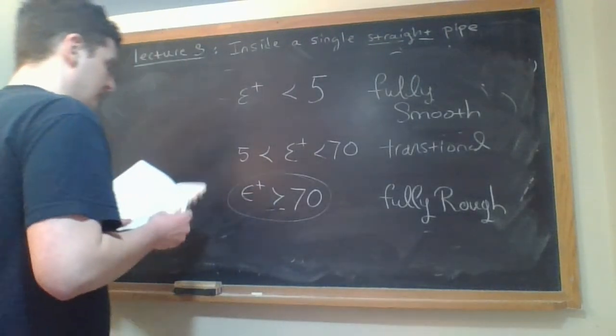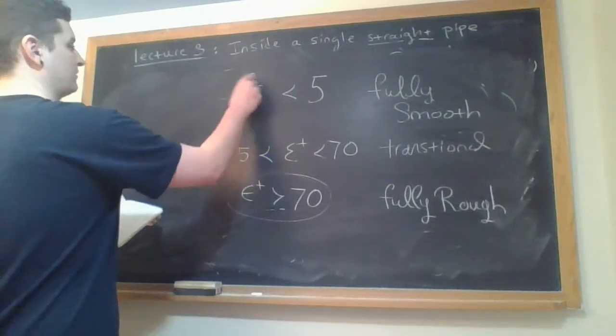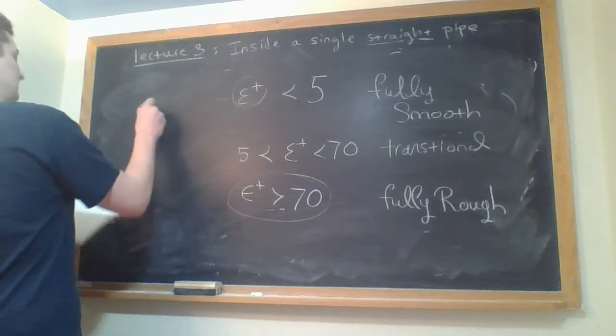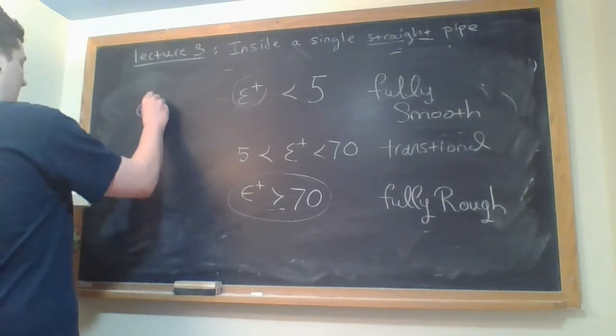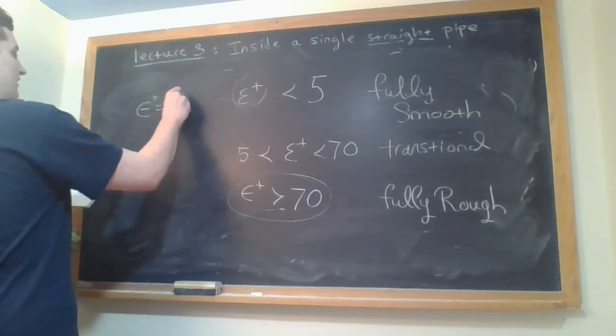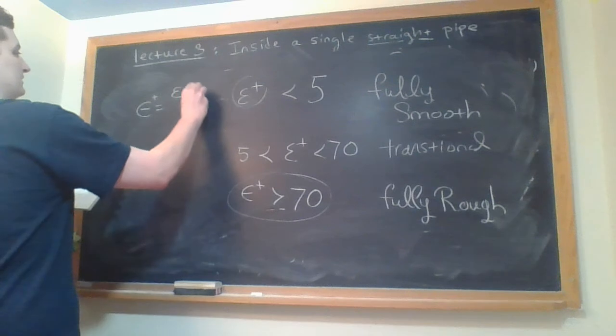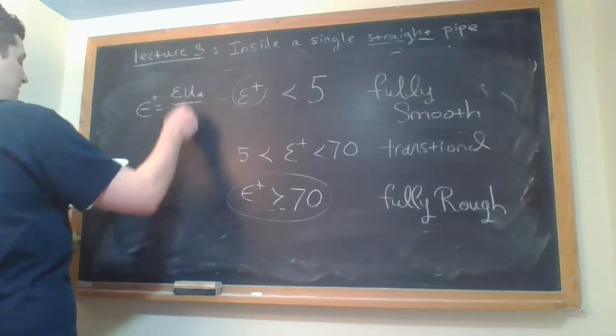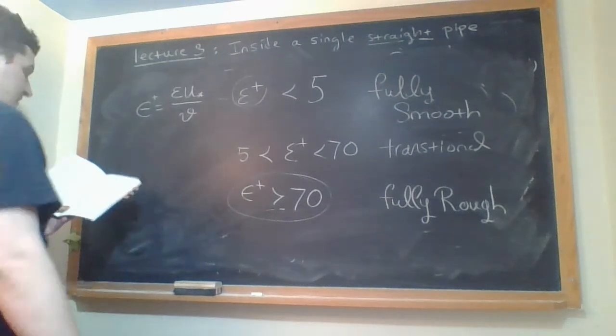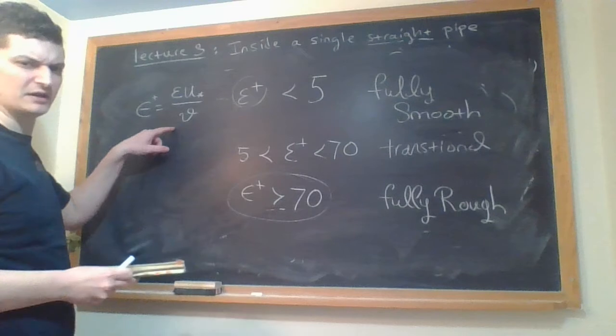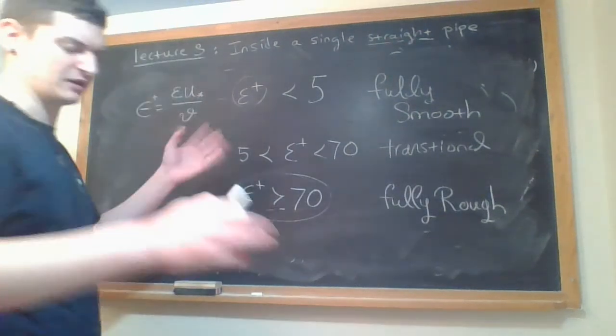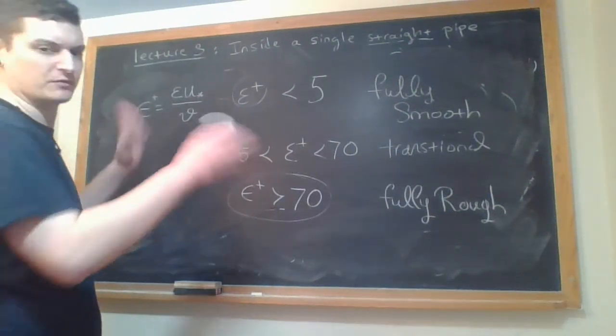And this quantity is something you maybe could calculate if you care to. It's your actual roughness height times this friction velocity divided by the viscosity, mu over rho.